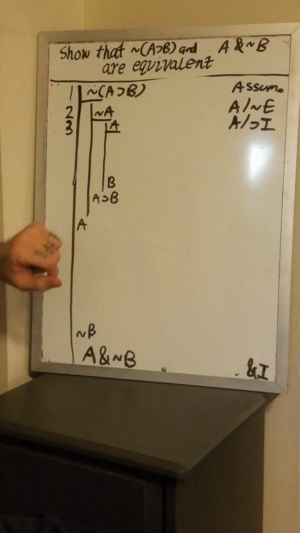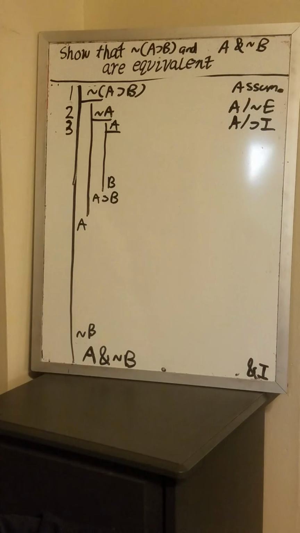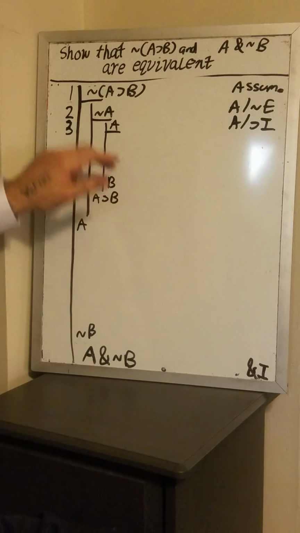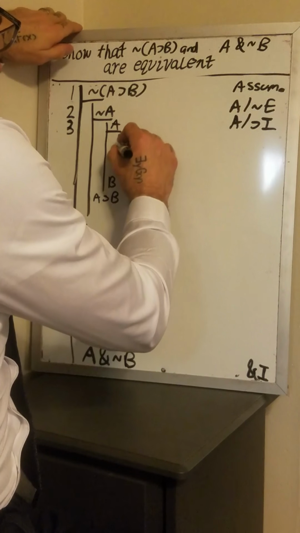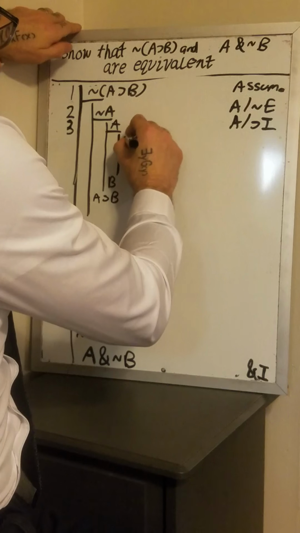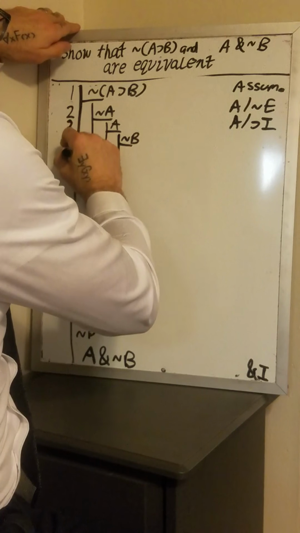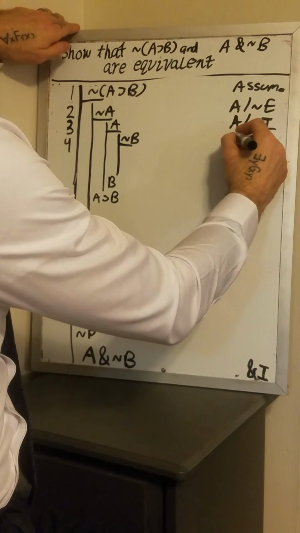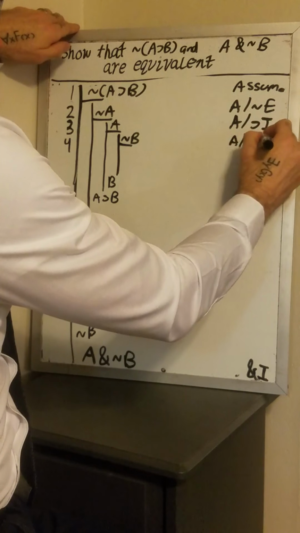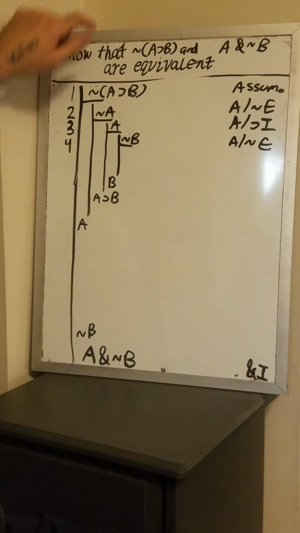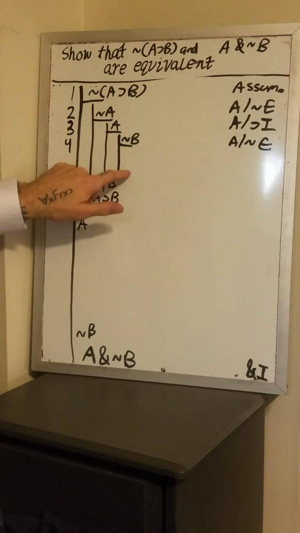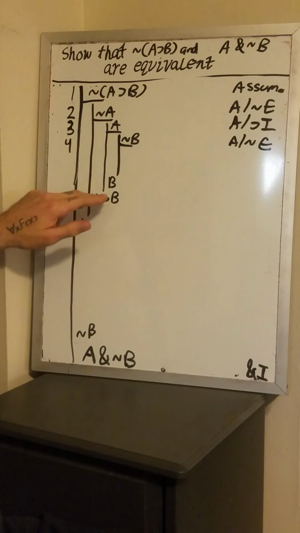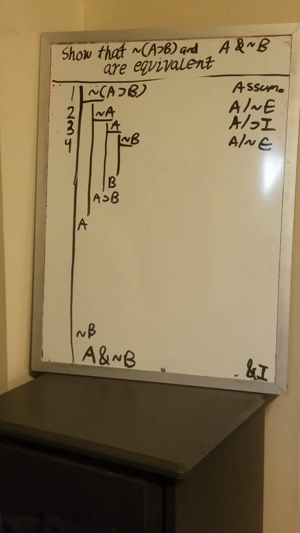We have a contradiction here and we want to get B. All we have to do is assume the opposite of what we want. So assume not B for purposes of negation elimination. And then we'll reiterate this contradiction into this subderivation. And then we can close it out and get the opposite of what we assumed.